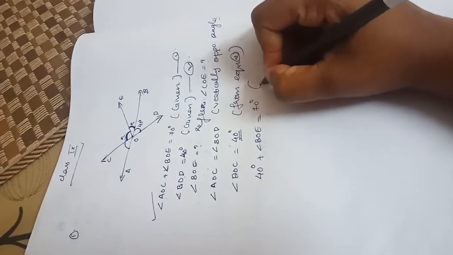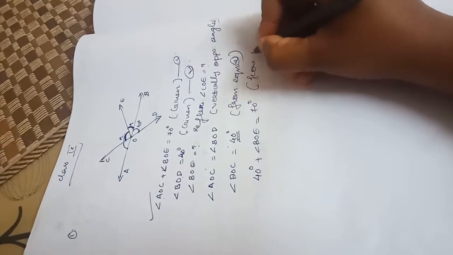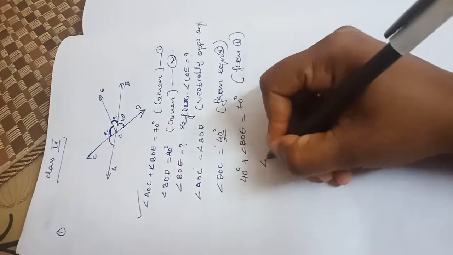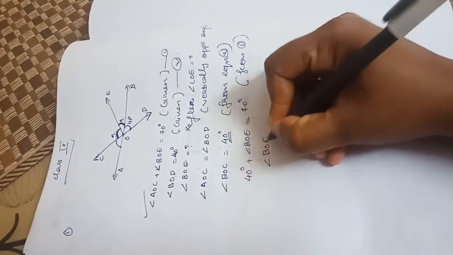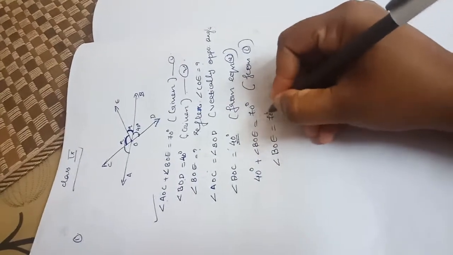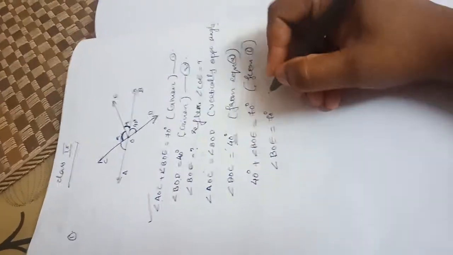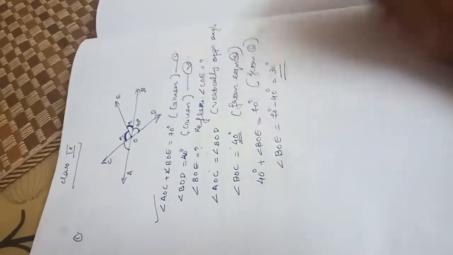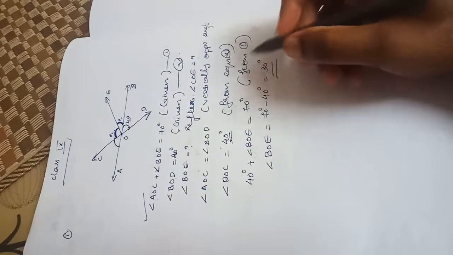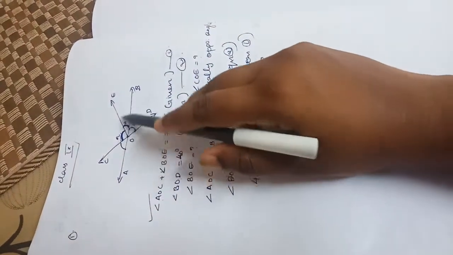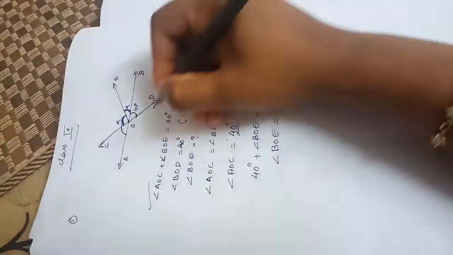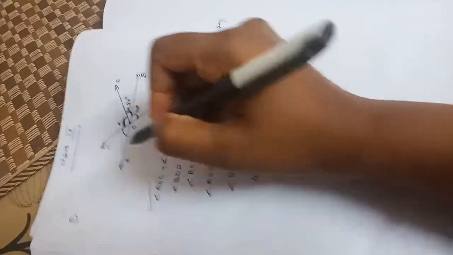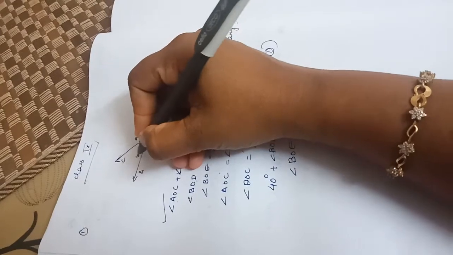The reason is from equation number 1. So angle BOE is equal to 70 minus 40, as the 40 goes to the right-hand side, which is 30 degrees. Now we got BOE equal to 30 degrees, and this one is equal to 40 degrees.